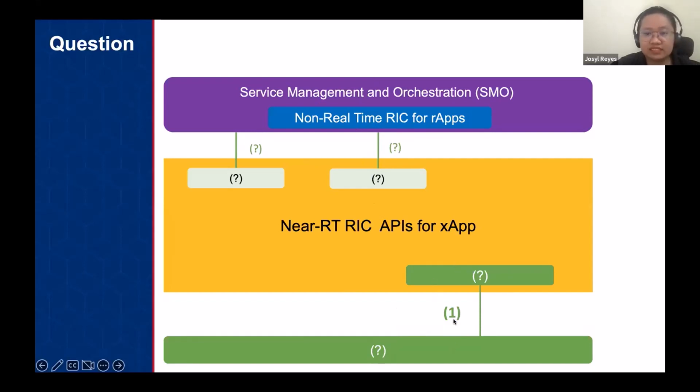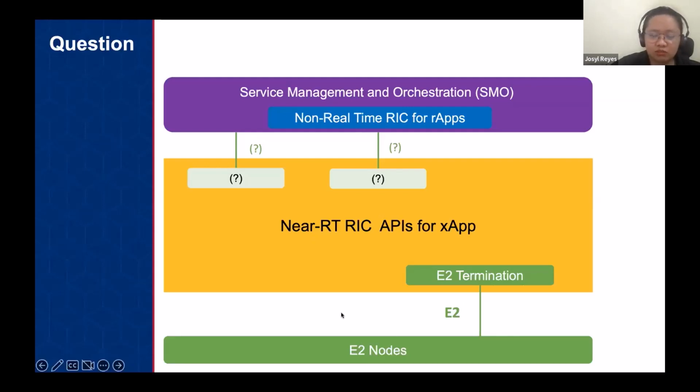So that is the E2 interface. That is different from the E1 interface. So this one is A1, and this is the E2 interface. That's what you should remember. When you hear E2, that's the connection of the near real-time RIC to the different E2 nodes.